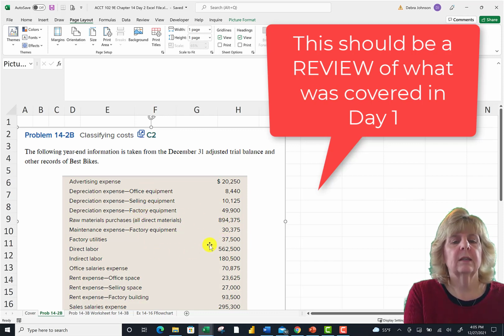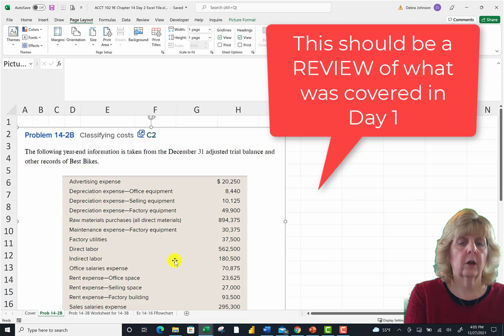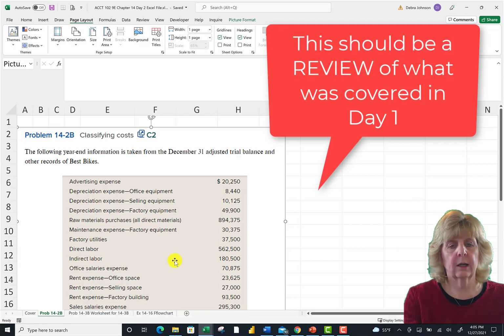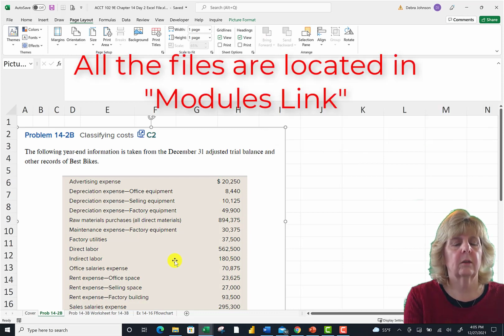And then we'll take these same amounts and run them through the cost accumulation system, which means I'm going to use T accounts to show you how the costs accumulate and transfer from the balance sheet to the income statement. Another way of saying that, we're going to track the cost from birth till death.